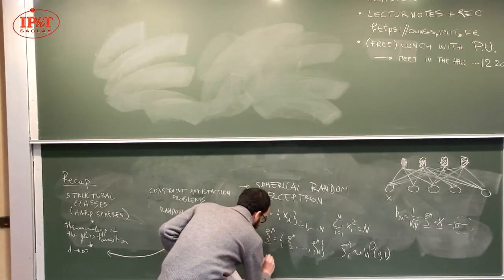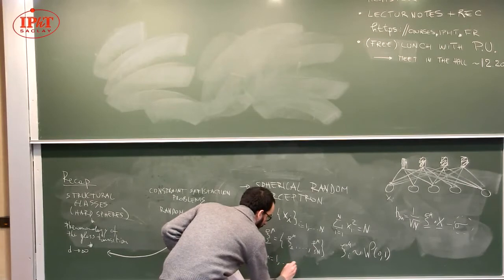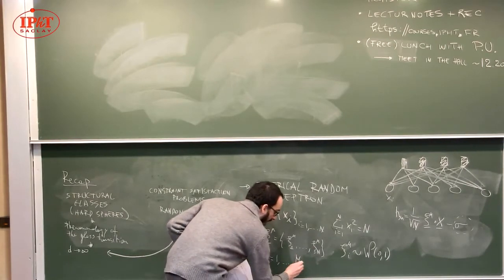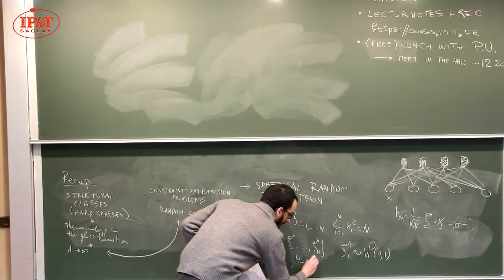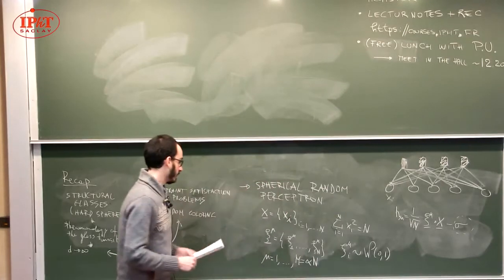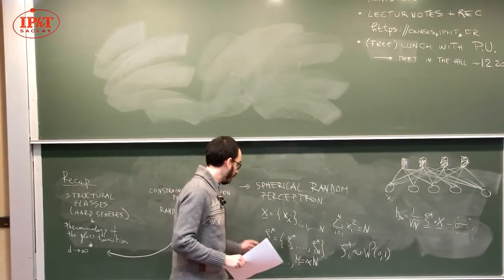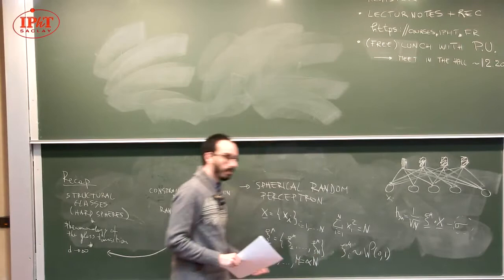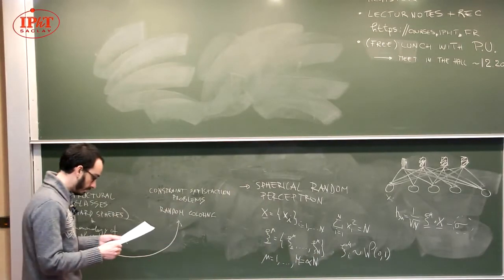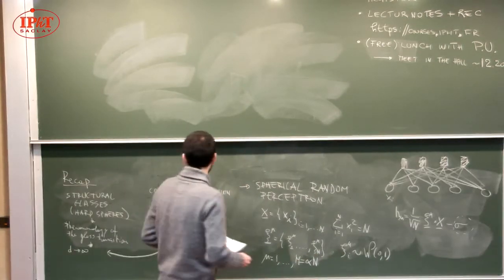So mu goes from 1 to M, and M is equal to alpha times n. So the number of random vectors scales with the system size.